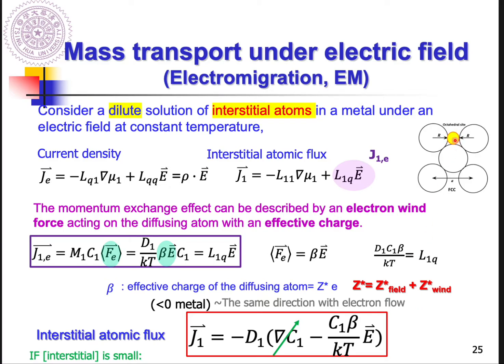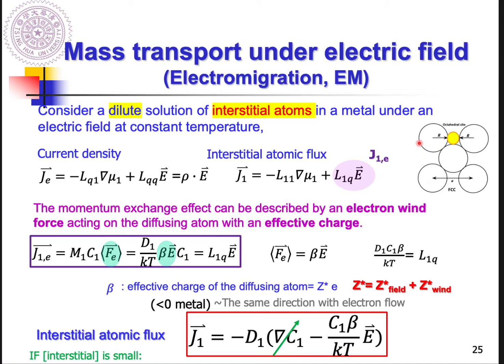It includes what? The field here is the static electrical field. If it is a positive interstitial ion, like a metal ion, positive, right? So when you apply an electrical field, this positive metal ion is going to be pushed toward the cathode.